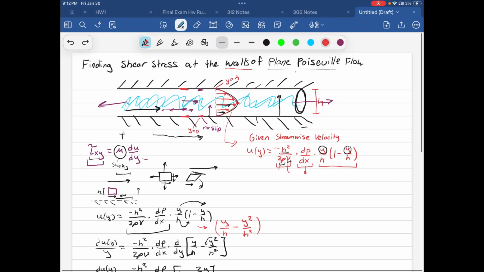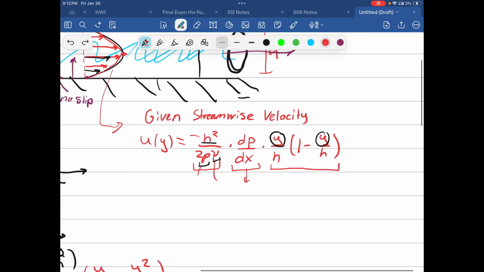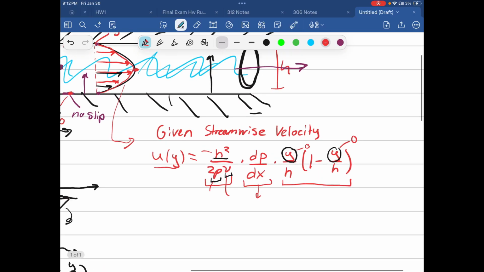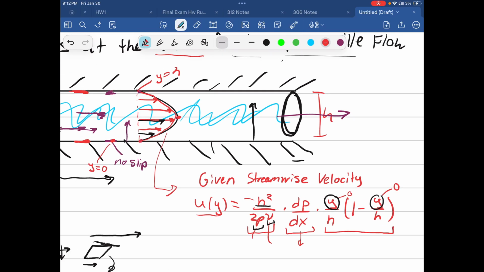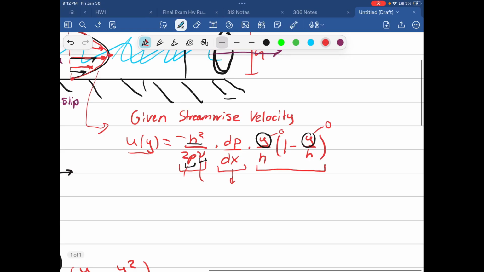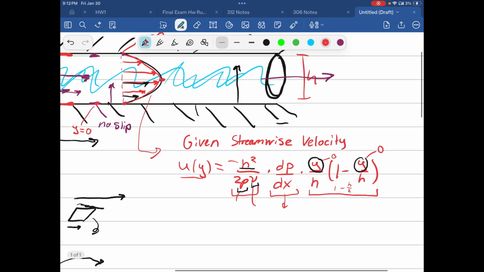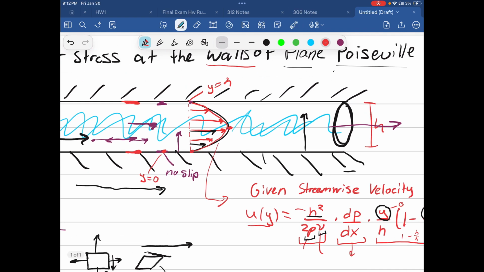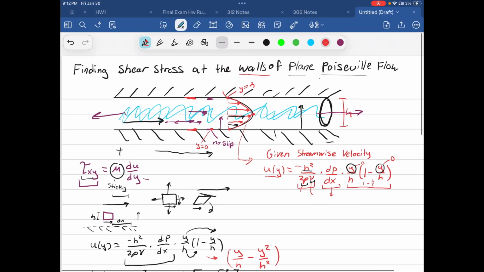If we plug in 0 for y, we end up with u of 0 equals 0, which should make sense because we have velocity equals 0 here. And if you plug in h for y, you'll end up with 1 minus h over h. This is 0, so this all turns into 0 as well, which makes sense because we have the no slip condition.